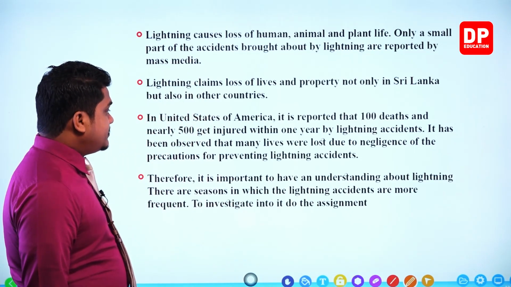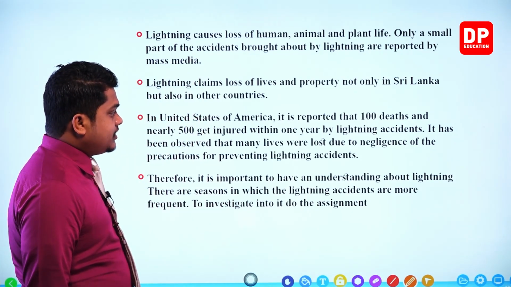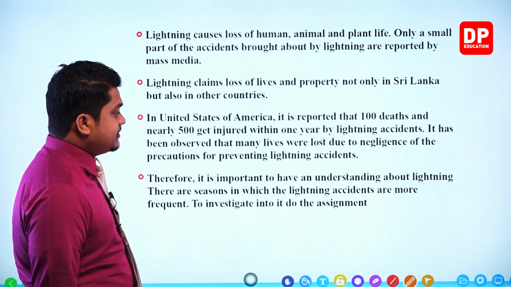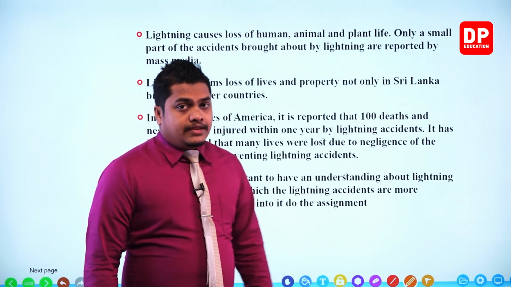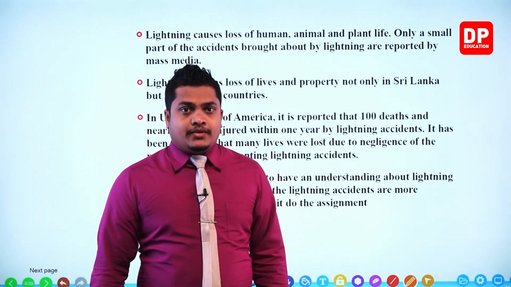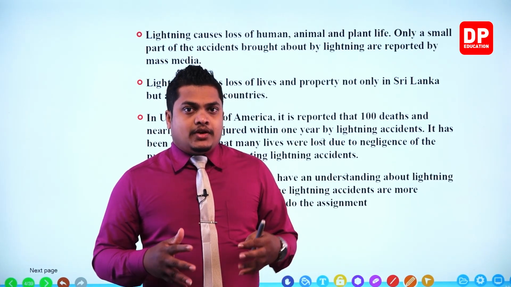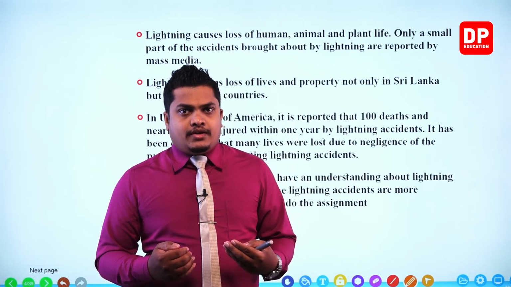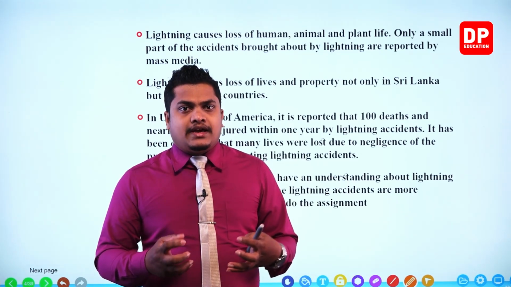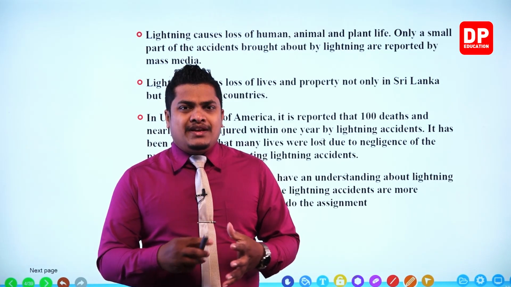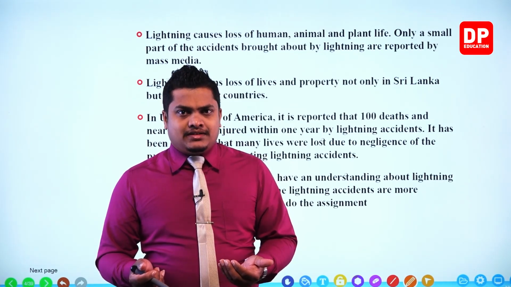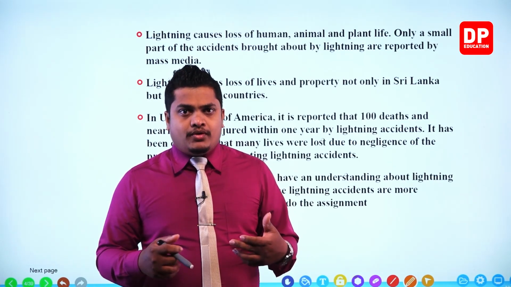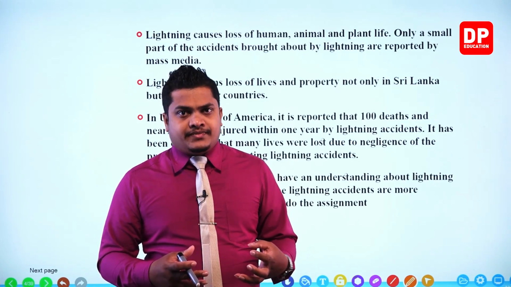It has been observed that many lives were lost due to negligence of the precautions for preventing lightning accidents. We know that lightning is dangerous and can take our lives. However, people are neglecting that. They don't even try to avoid these conditions.